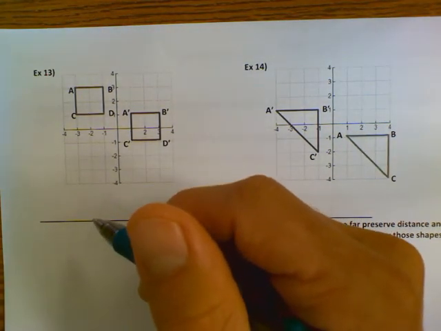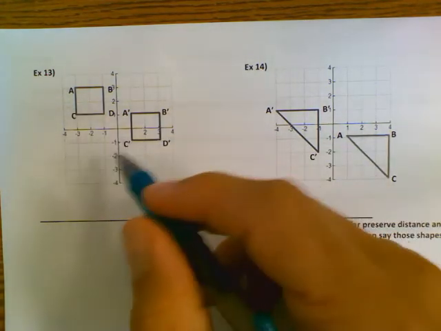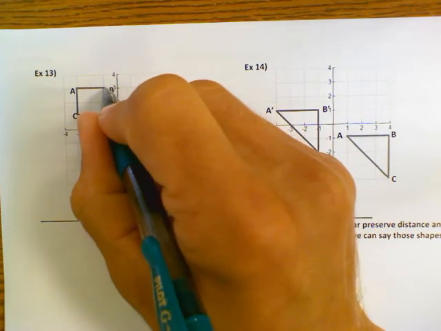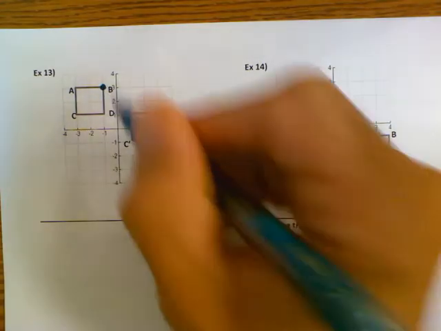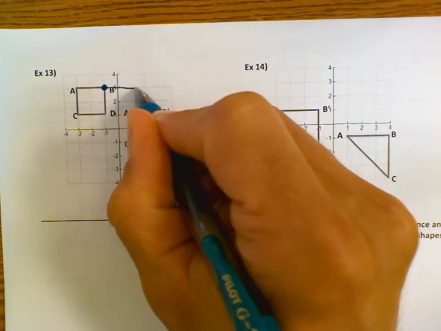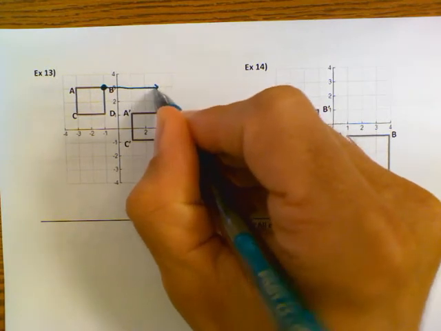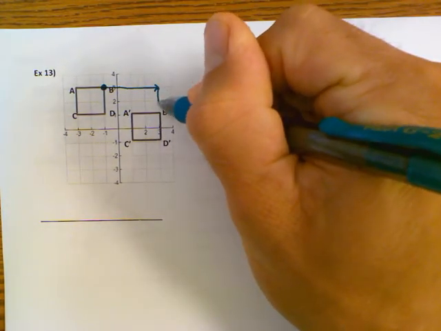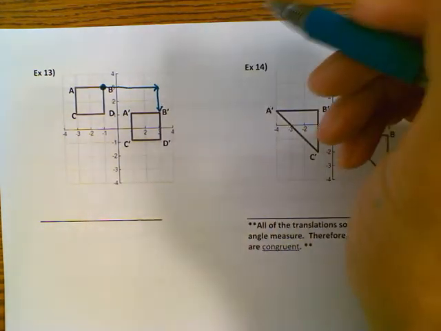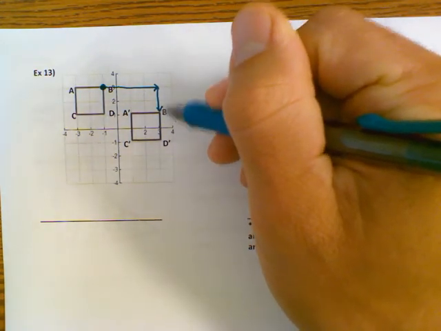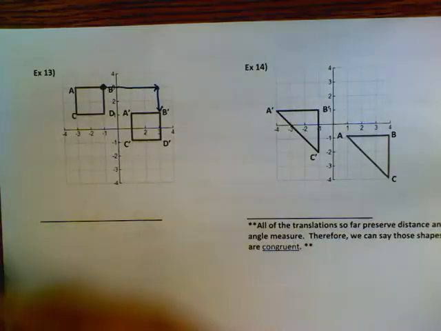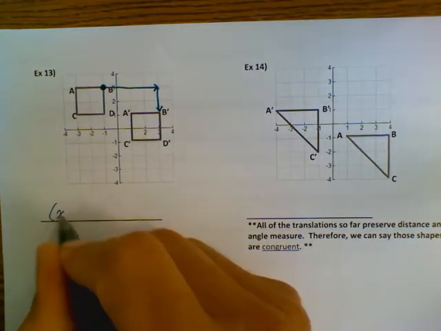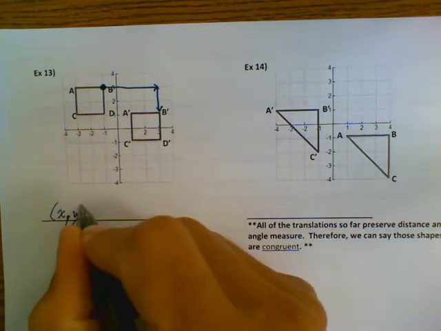So basically what I need to do is just pick any one of these points and travel from the one without the apostrophe to the one with the apostrophe. Now instead of going diagonally, I'm going to go horizontal and then vertical. In other words, I'm going to go right and then I'm going to go down, because that's the way my coordinates are always written.